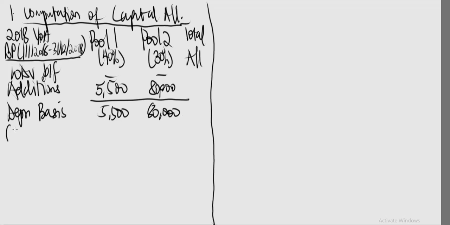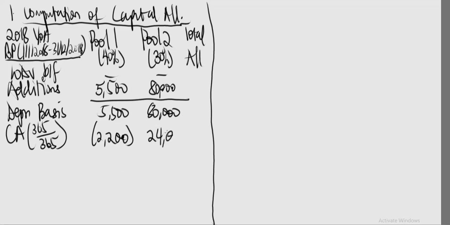So in that case, our capital allowance or depreciation allowance for the whole year, because you operated the whole year, is going to be, I think the first one will be 40% of the 5,500, which is 2,200 as his capital allowance. Then we have the 80,000 at also 30%. That's giving us about 24,000.